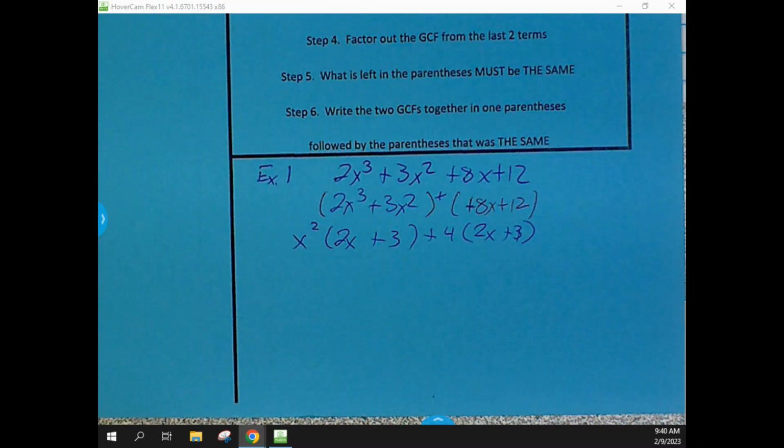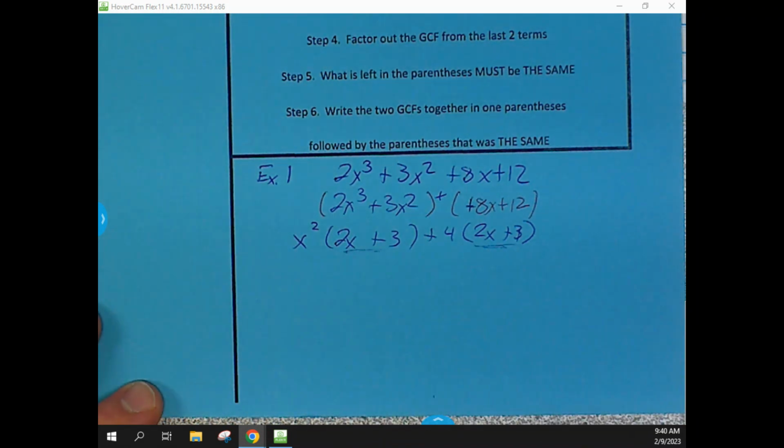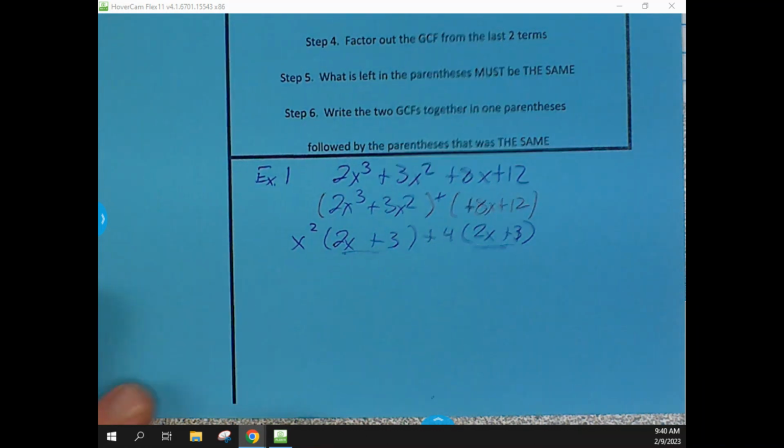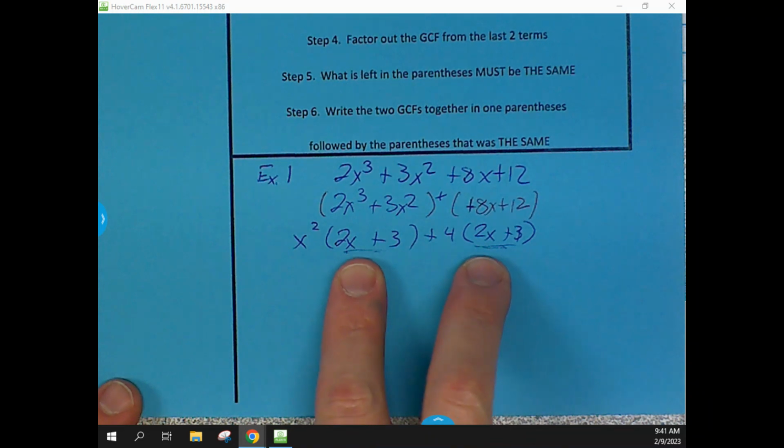Okay. And the good thing about 4 terms with factor by grouping is it has a built-in check on it. If this parentheses here and this parentheses here aren't the same, you know you did something wrong. You either took out a negative when you shouldn't, you didn't take out a big enough factor, or you just factored it wrong altogether. So these two things have to be the same.